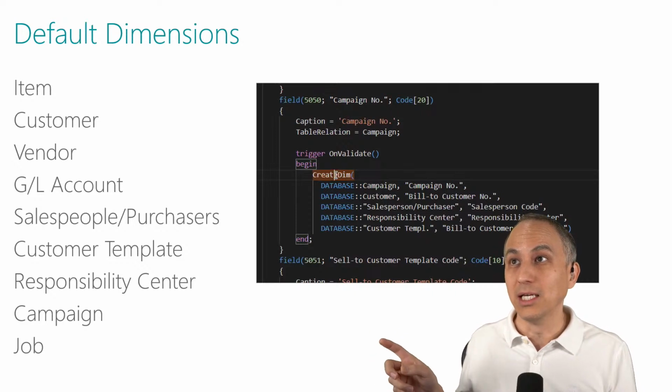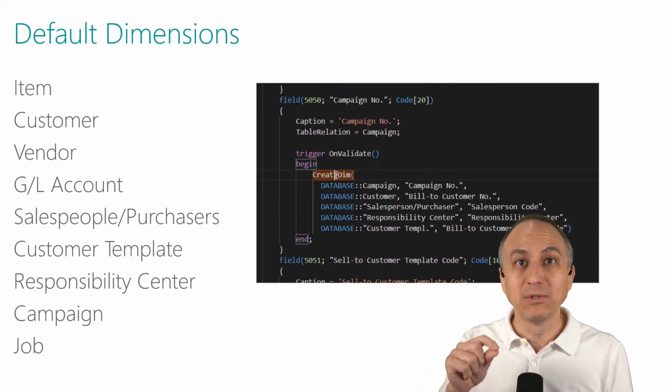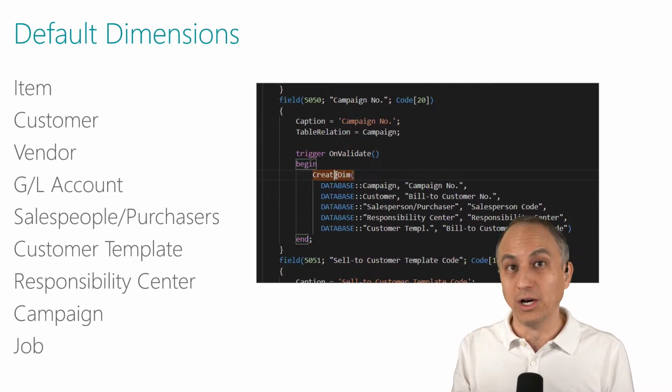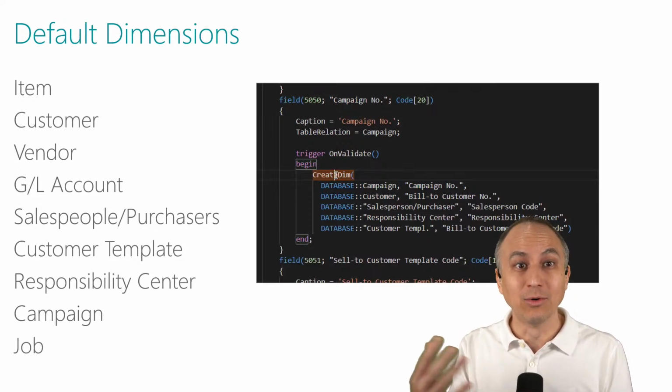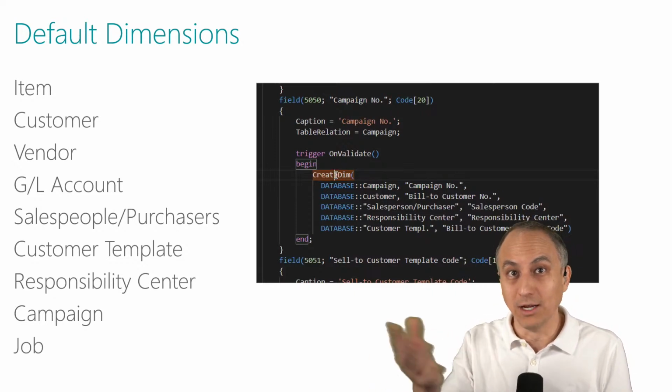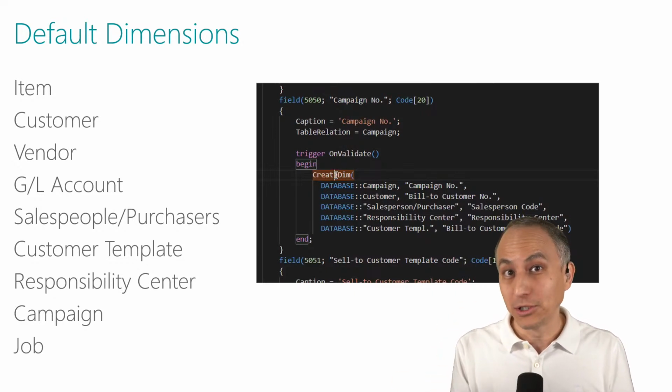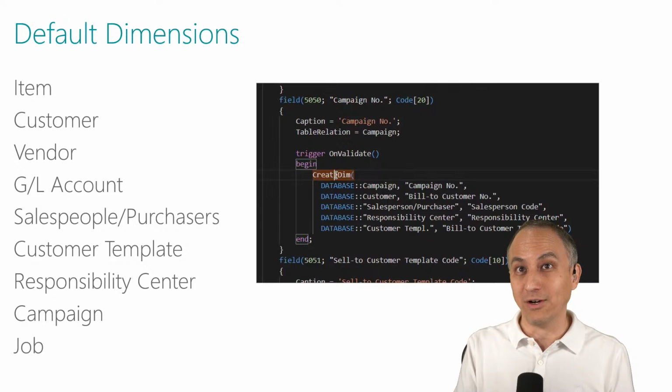And confusingly, those are called salespeople/purchasers in the US version of Business Central SaaS. I don't know what those are called in other regions. And so you have salespeople/purchasers. That's another place those can default from.